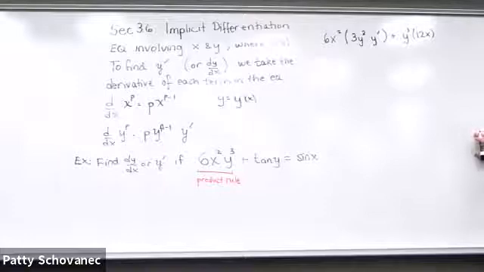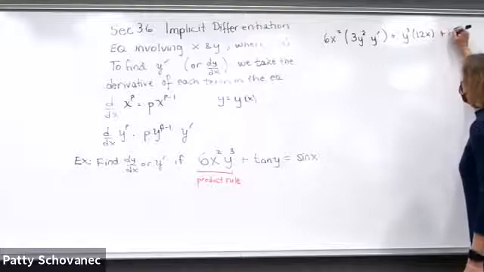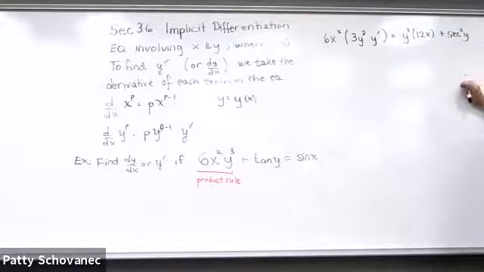Then we move across and take the derivative of the tangent of y. First, the ordinary derivative. The derivative of the tangent is a secant squared. But now we go inside and take the derivative of the y, we get y prime here.